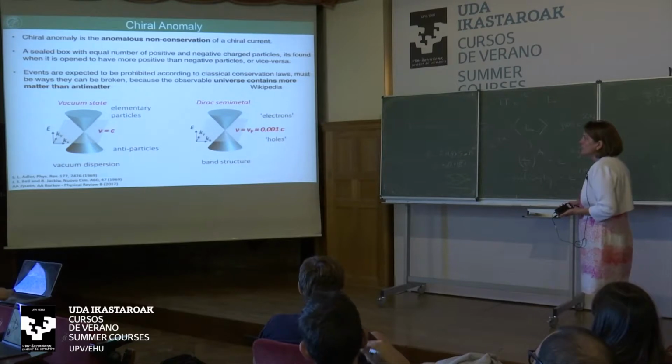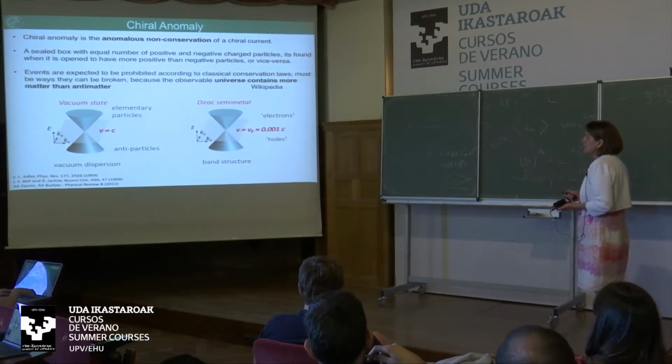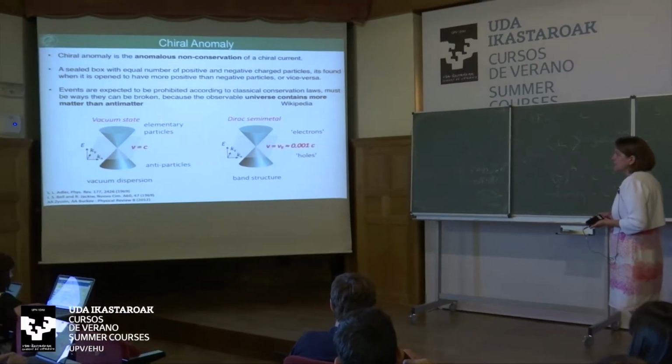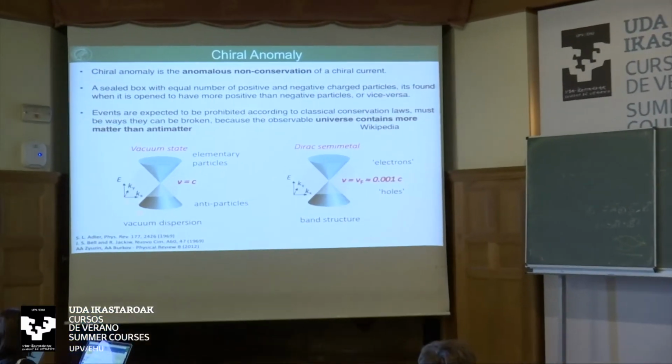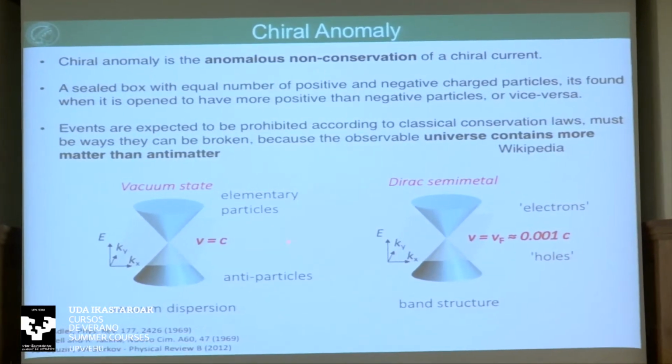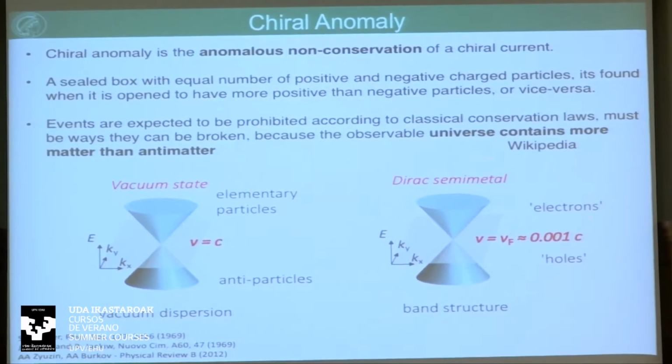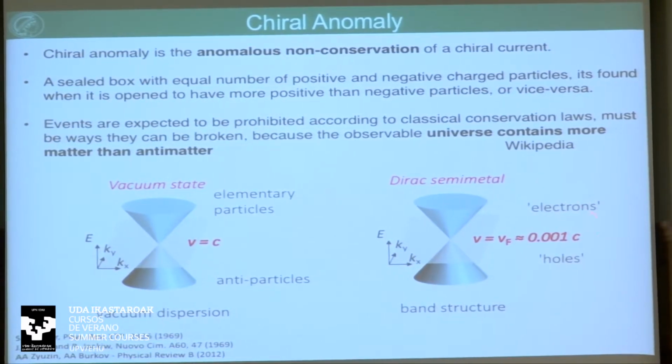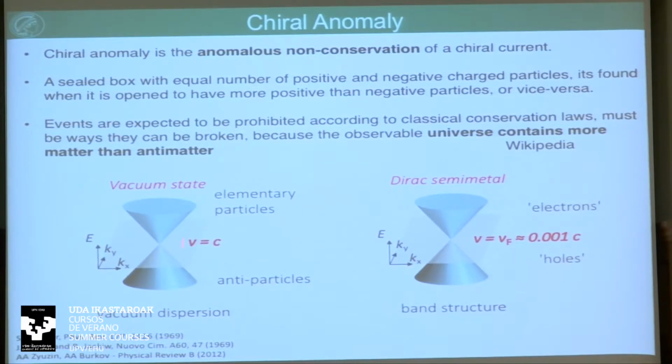In high energy physics, this chiral anomaly was predicted, where you break the symmetry between antiparticles and particles, and this is the description here in Wikipedia. And you have an analogy with the Dirac semimetals by having electrons and holes, and instead of the speed of light the velocity is the Fermi velocity, which is for sure much smaller, but you can see many properties in analogy to this high energy experiment.